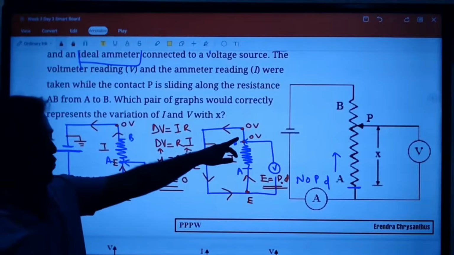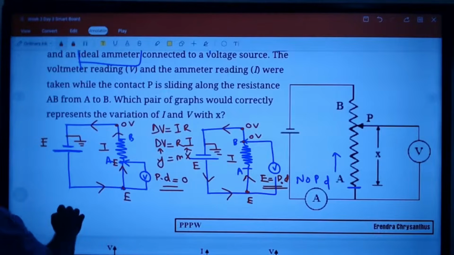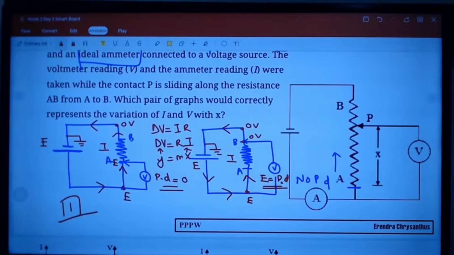And as we move from A to B, potential difference will increase. Okay, now? So the easy, direct answer is answer number 1. Right.